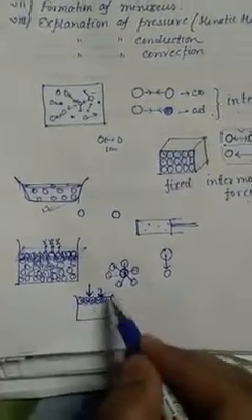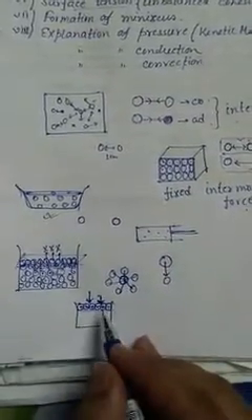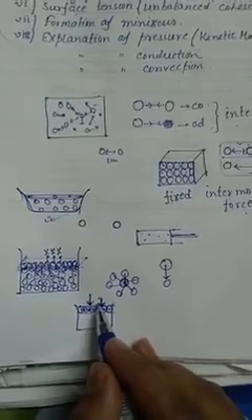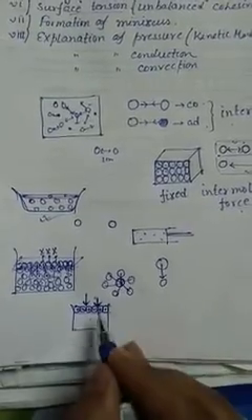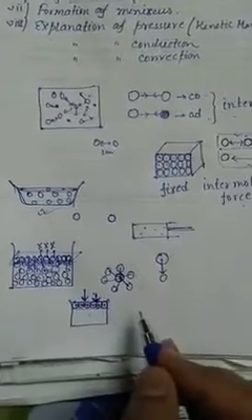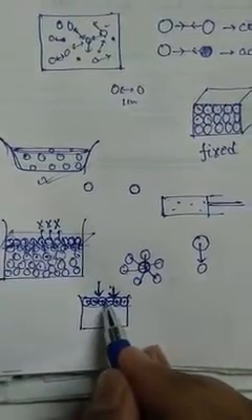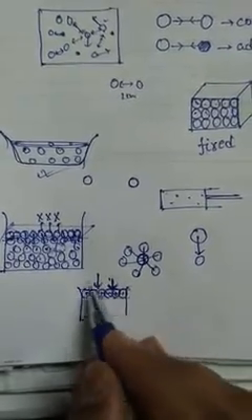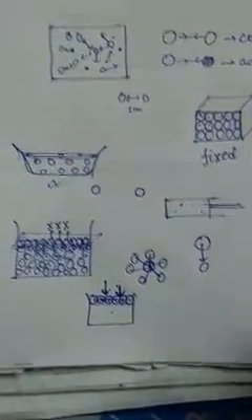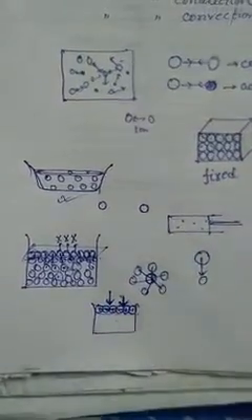But in the case of insects, the leg will not go in because its weight is not enough to overcome the force by which one molecule is attracting another one. That is why that insect can walk on the liquid. Okay, and this is the origin of the surface tension.